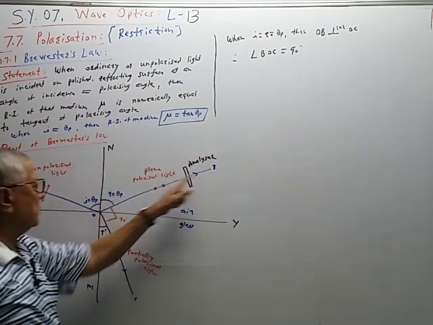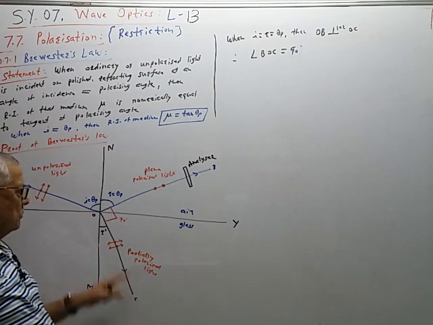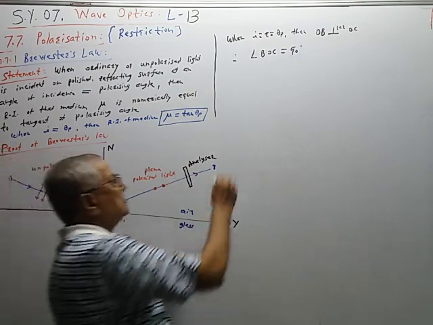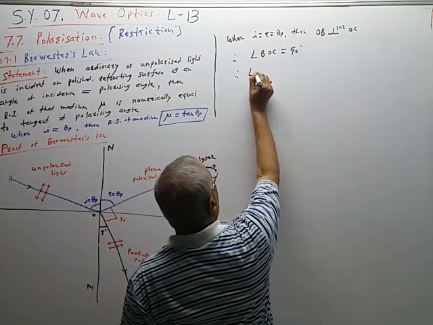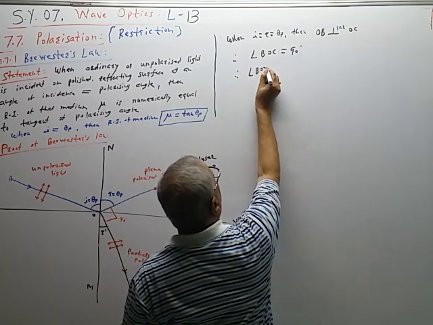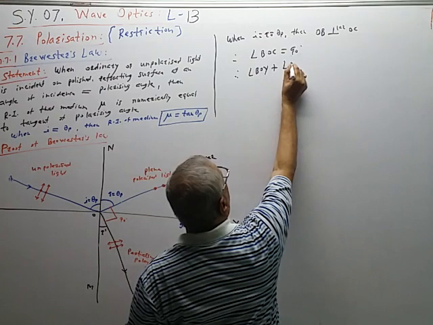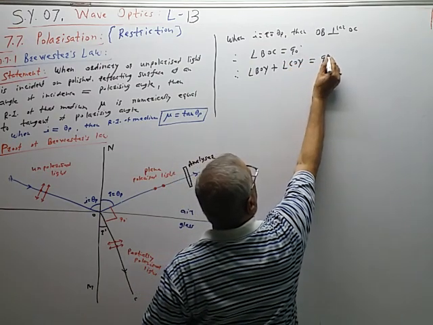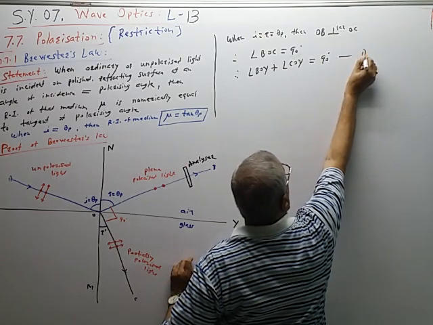This angle BOC is the sum of the two angles. One is BOY and other is the COY. Therefore angle BOY plus angle COY is equal to 90 degree. So this is equation 1.